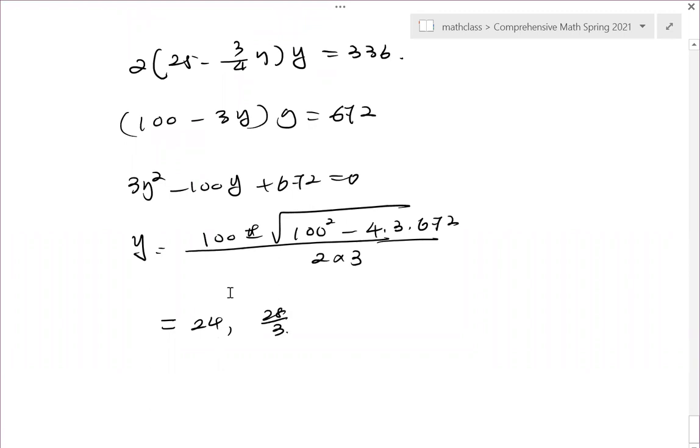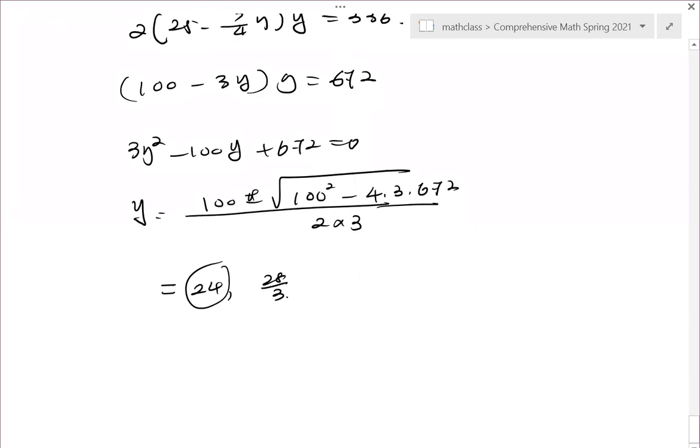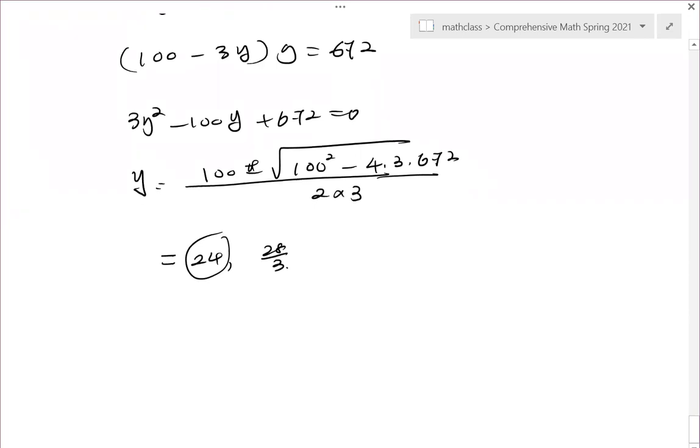So 24 is the unique integer solution. Yes, I think Y is 24, not 7. It's 144 divided by 6 when you choose the positive sign. So 24 is a solution, so Y is equal to 24.